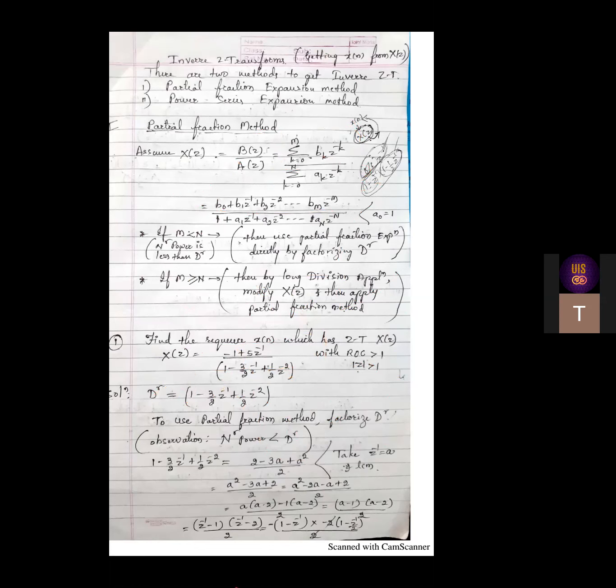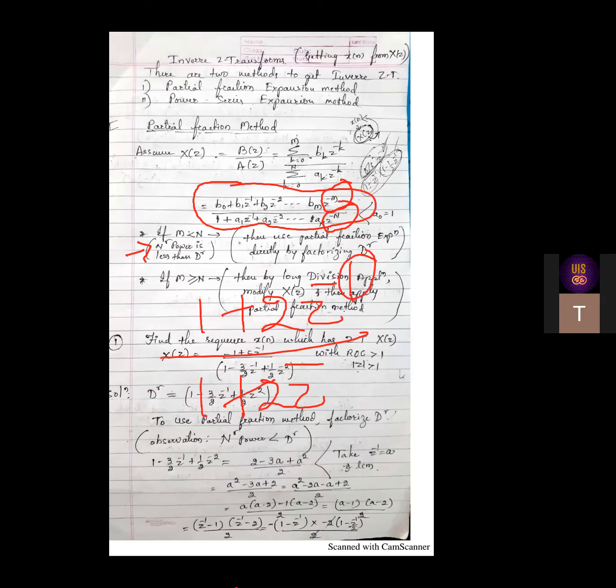So if x of z is of this ratio form, then depending on the power of z in both numerator and denominator, we will have certain conditions to apply the partial fractions. The first condition is if the numerator power is less than the denominator power, like 1 plus 2z inverse, so the power is 1. Suppose x of z is 1 plus 2z raised to minus 1 over 1 plus 5z raised to minus 2.